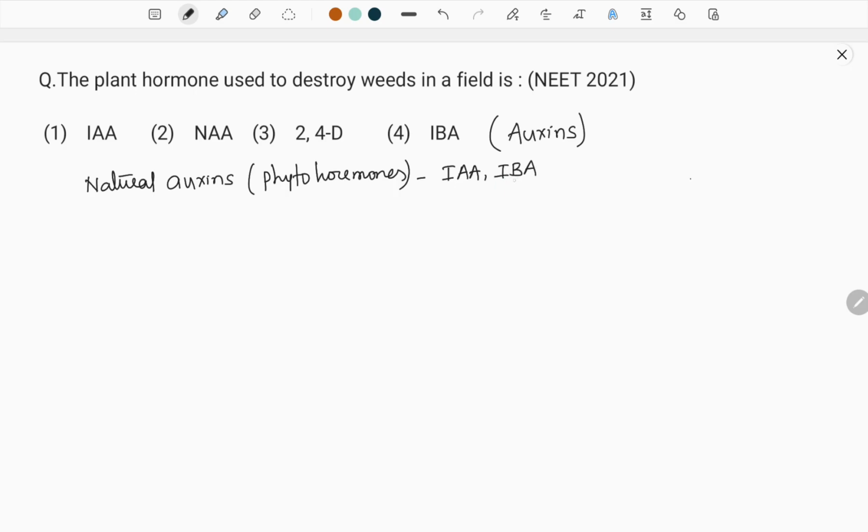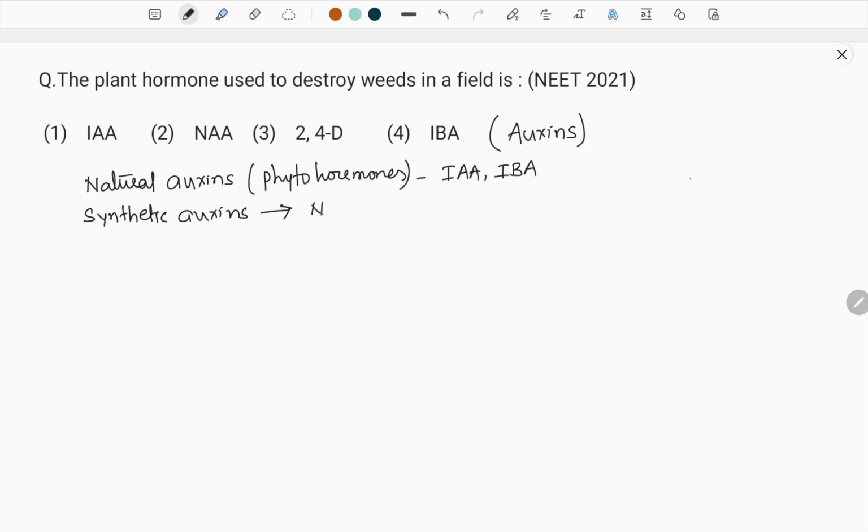These two are natural auxins, and we also have synthetic auxins. Synthetic auxins means they are not obtained from plants, they are artificially prepared in laboratories.